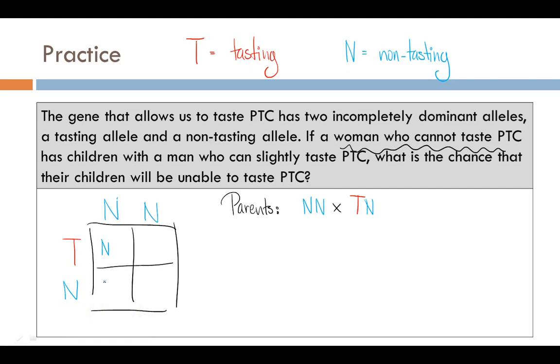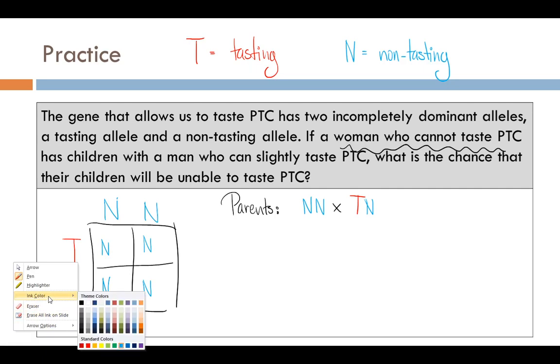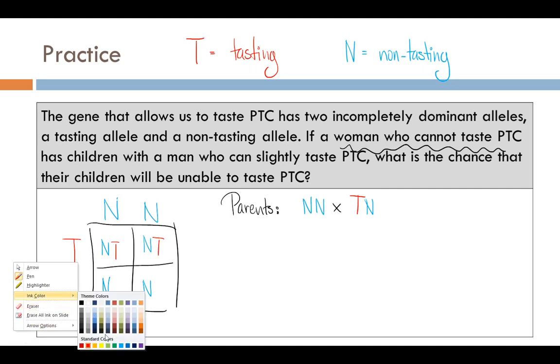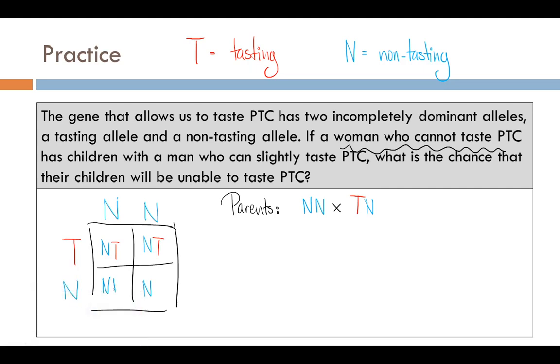These N's go in this column, going down, and my T's go across, and this N goes across too. Now I got my order wrong here, N and T, but again, it doesn't really matter.